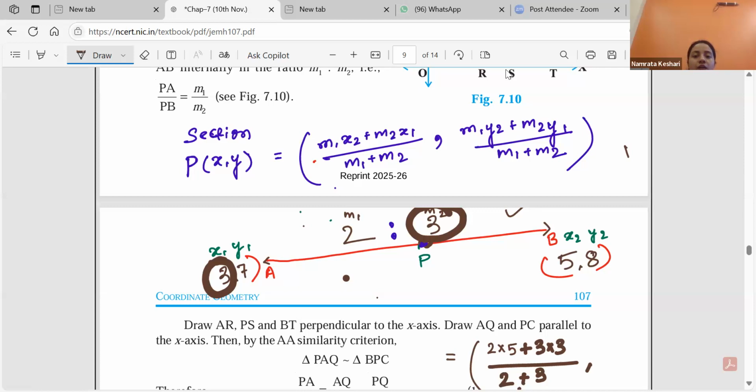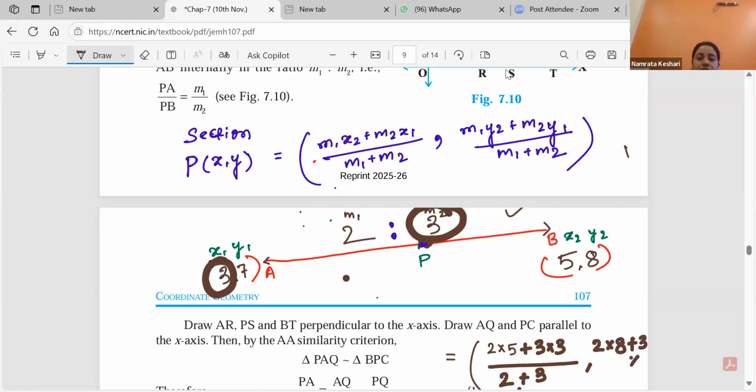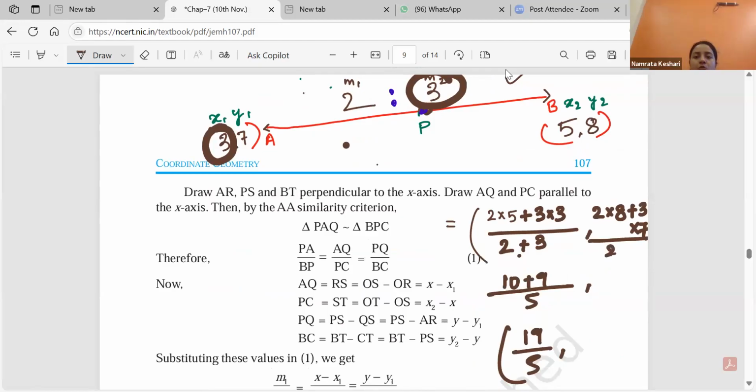So m1 is 2 and y2 is 8, plus m2 is 3, y1 is 7, over m1 plus m2 again, so the same 2 plus 3.